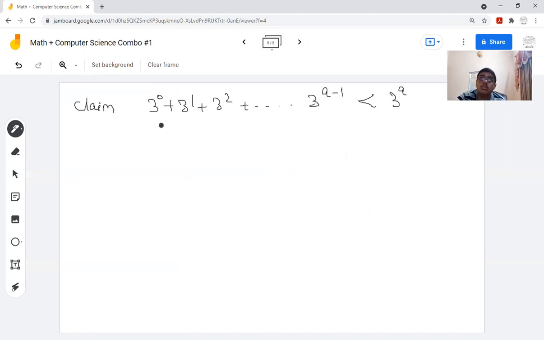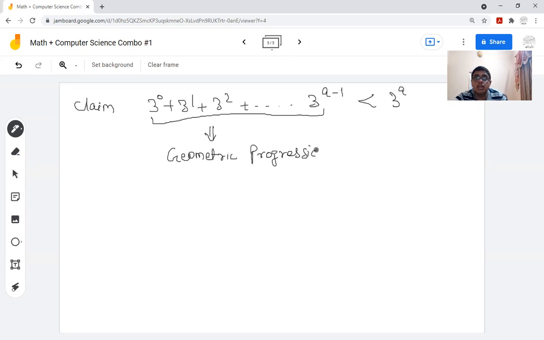So what exactly is this? This is something commonly known as a geometric progression. Those of you who have not heard of it before can definitely look into it, a really nice concept in sequences and series.